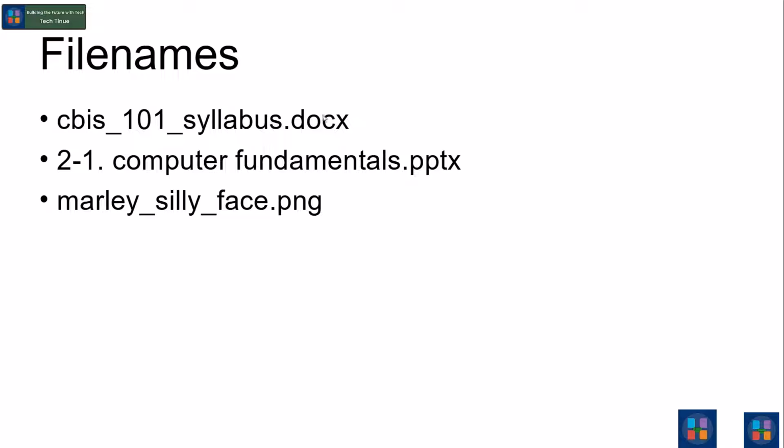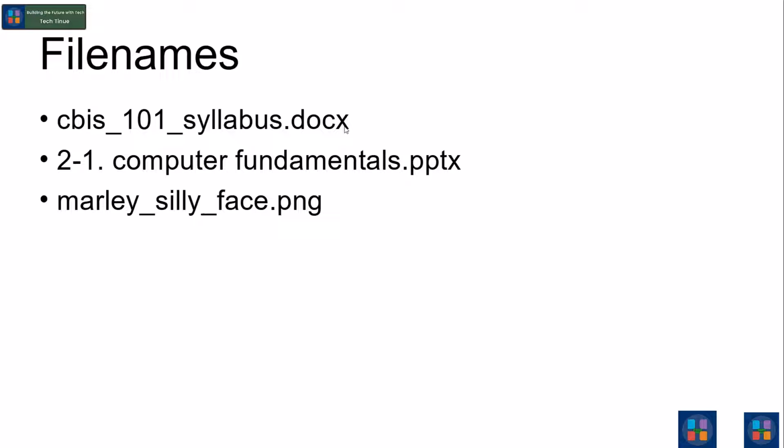cbiz_101_syllabus.docx. Now, everything before this period right here is the file name, or the name of the file. Everything, the period and after, so the .docx, is the type of the file. Now, the docx type tells the computer, hey, this is a formatted text document.